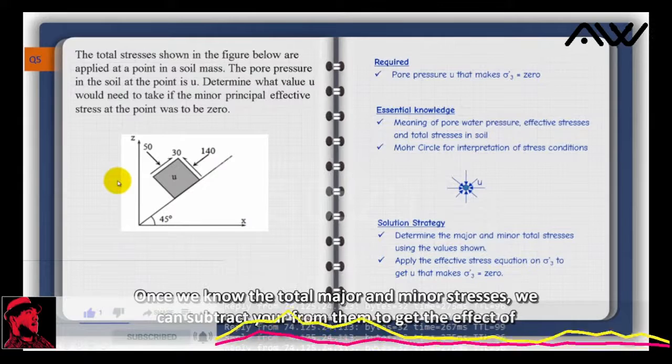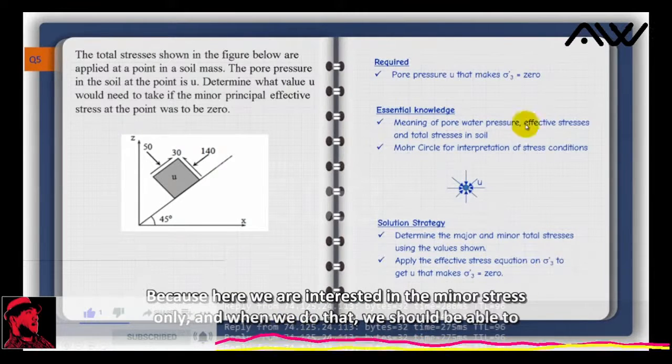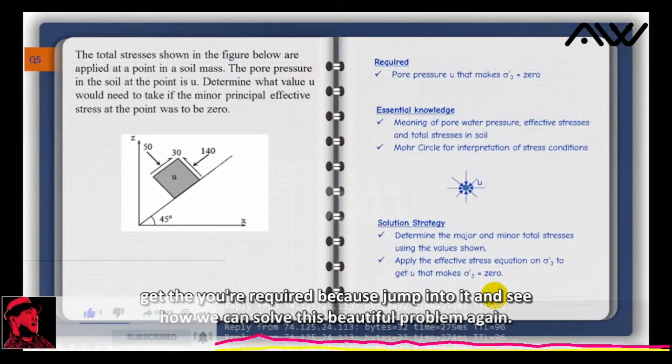Once we know them, we can subtract U from them to get the effective values. So apply the effective stress equation on sigma prime 3, or sigma dash 3. Why sigma dash 3? Because here we are interested in the minor stress only. And when we do that, we should be able to get the U required.